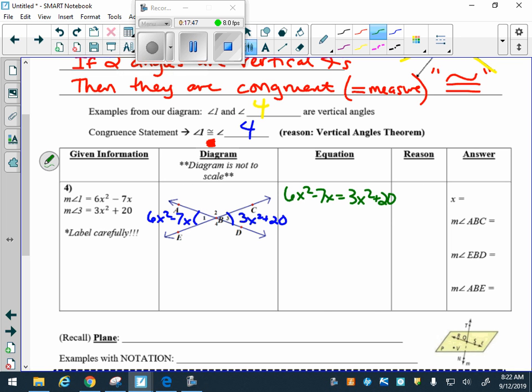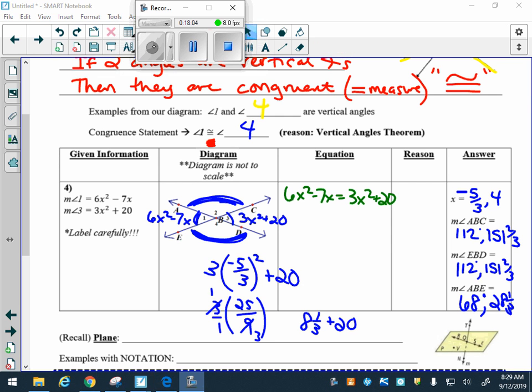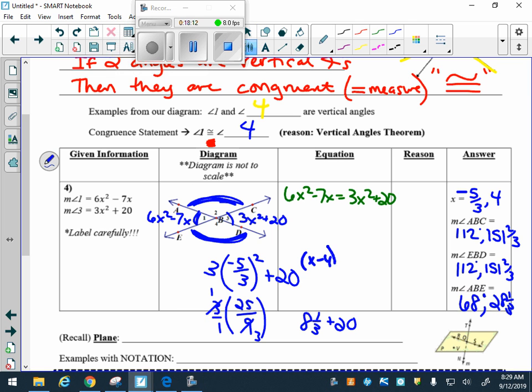All right, so I'm going to give you a chance to actually solve this. And yes, it involves factoring. So remember, get everything on one side and set it equal to 0. And then factor. And then you got to check for both solutions and see if they work. Okay, so this one comes out to a factoring where our factored form is x minus 4 and 3x plus 5.